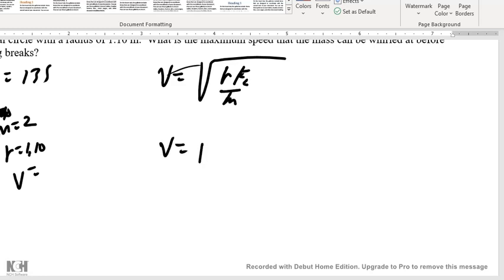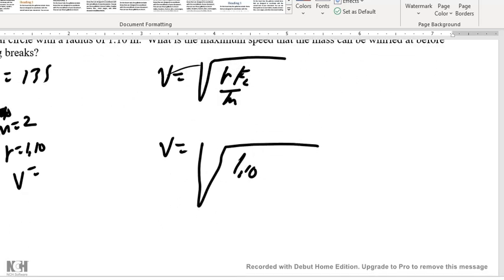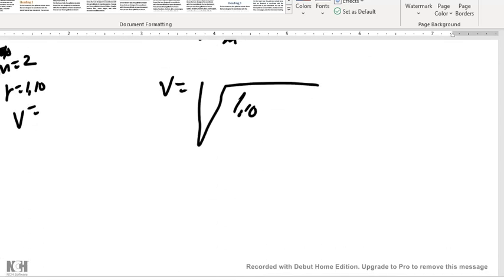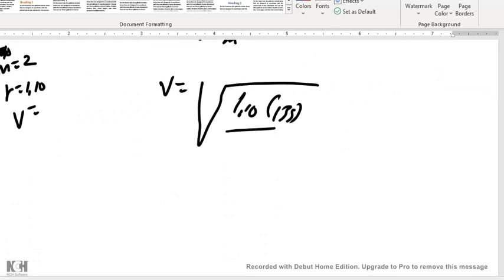V equals square root. What's the radius? The radius is 1.1. How much force do we have? 135. 135 divided by what? The mass. How much mass do you have? 2.